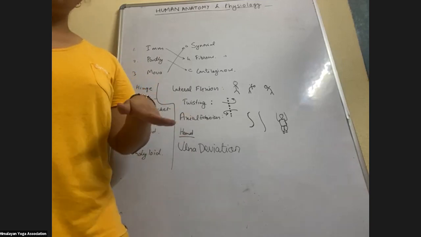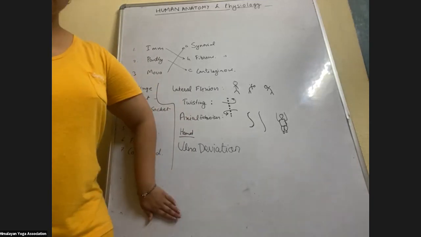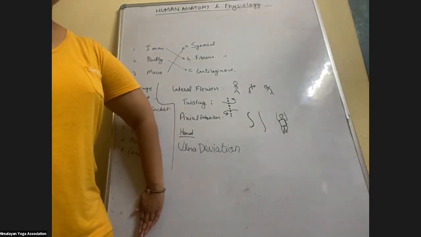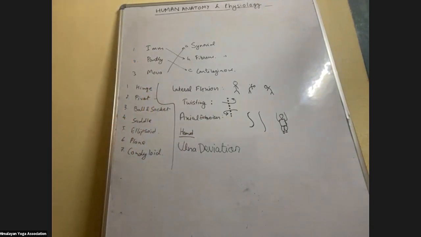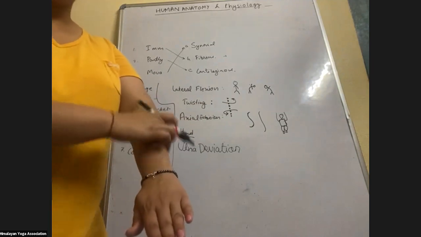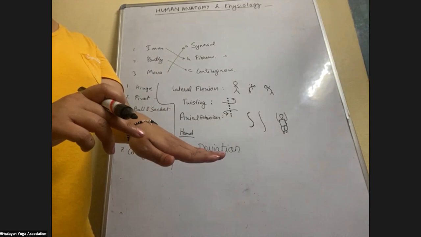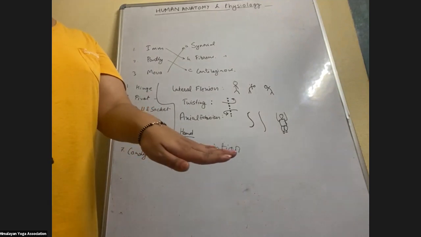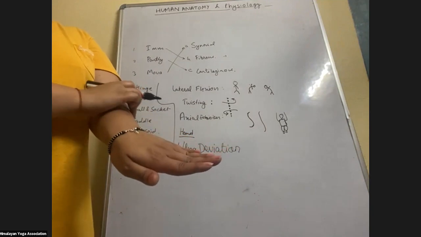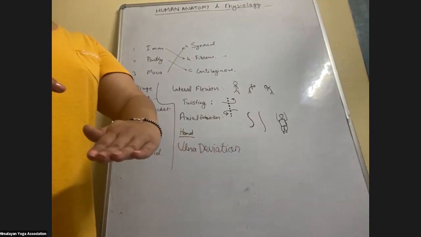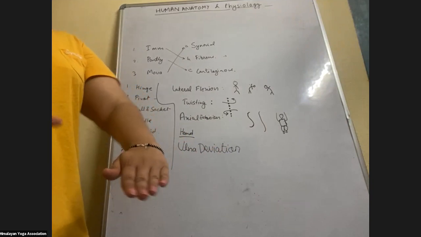Do you understand this movement? Wrist going left and right. Yes, it's from the wrist. This is ulna and this is pinky. If I'm moving my hand towards the pinky, this is ulnar deviation. If I'm moving it inwards towards the radius, it's radial deviation.